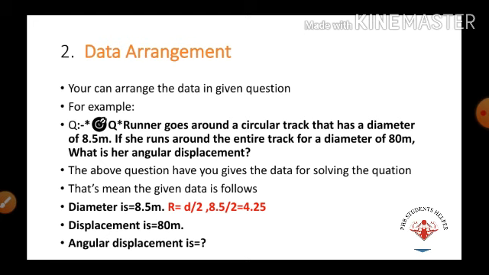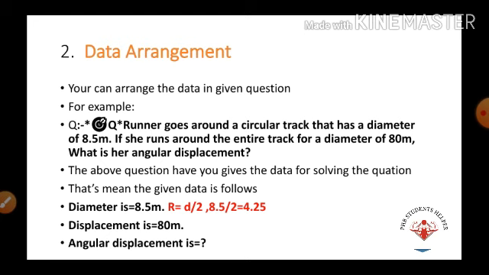The numerical gives us the data for solving it, so the given data is as follows.